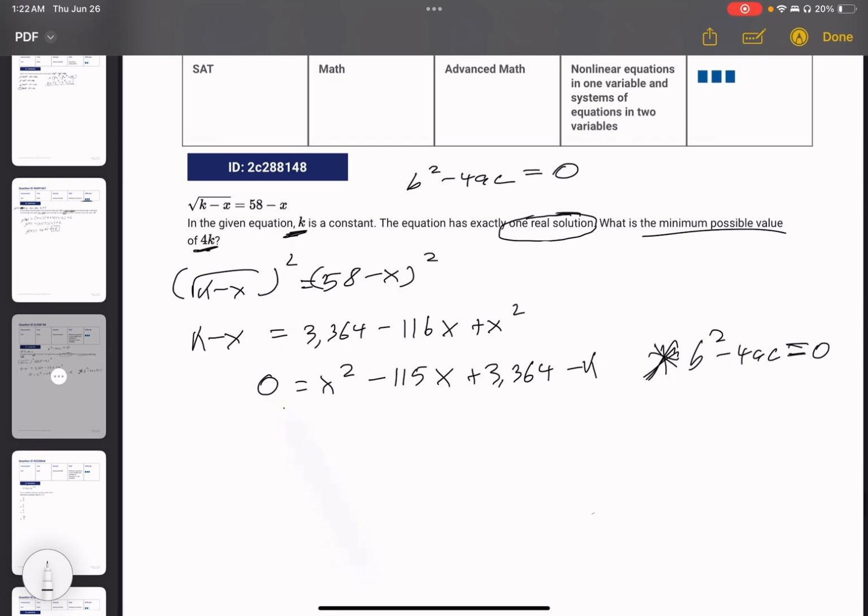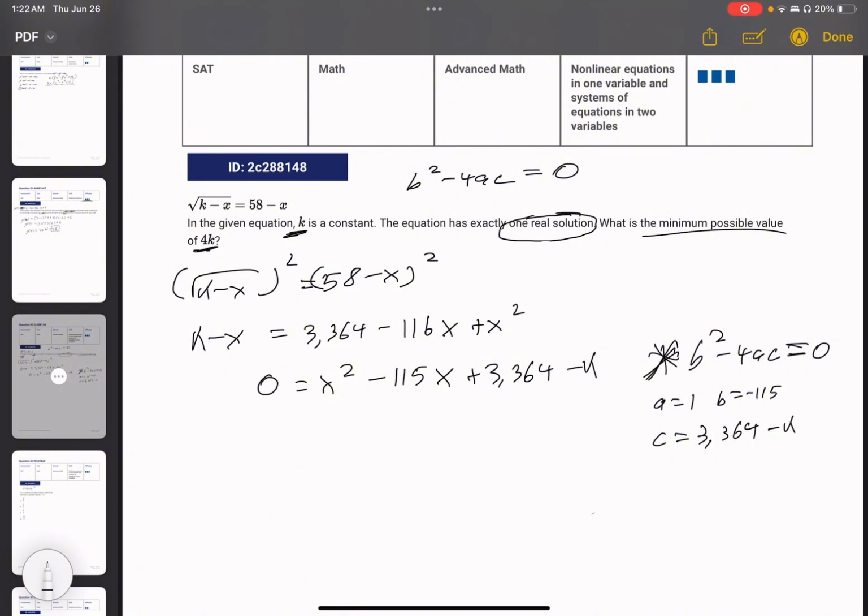And now we have to find our values. So we have a is equal to 1, b is equal to negative 115, and c is equal to, well, I'm going to write c down here since it's a longer value. c is equal to 3,364 minus k.